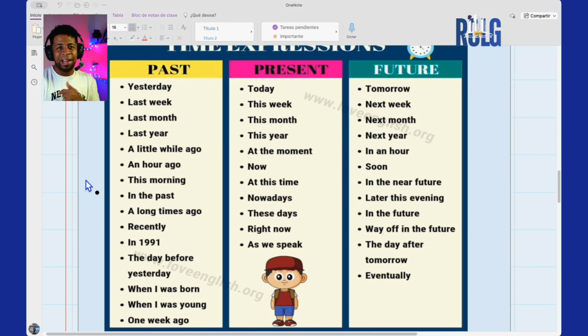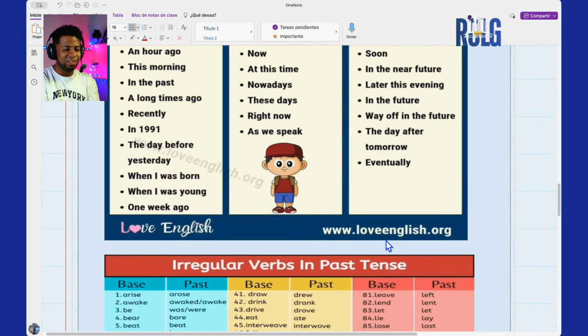For example, I went to school yesterday. I played with my friend a little while ago. I worked one hour ago with my friends. Recently, I was in the United States. It's just an example. I'm just giving you some random examples. And they are expressions that can help you a lot.